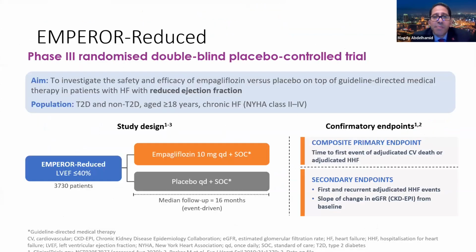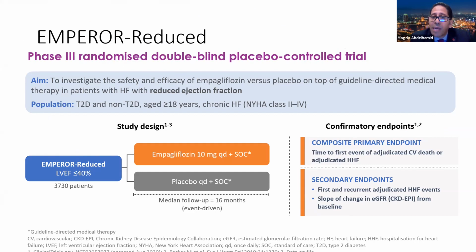The same has been proved with the use of empagliflozin in the EMPEROR-Reduced trial, a trial which included 3,730 patients having ejection fraction less than 40%, randomized to receive empagliflozin 10 milligram per day versus placebo in heart failure patients functional class 2 to 4.